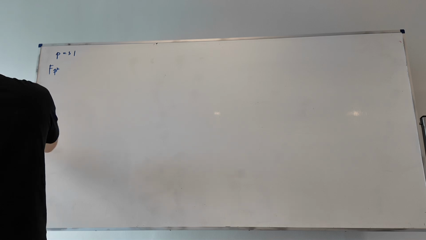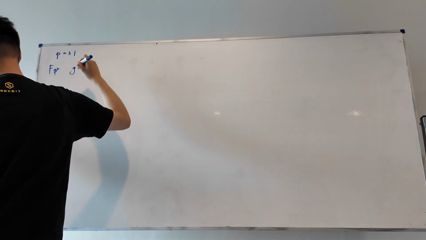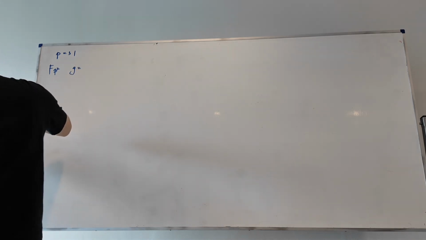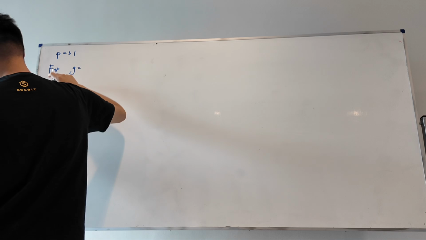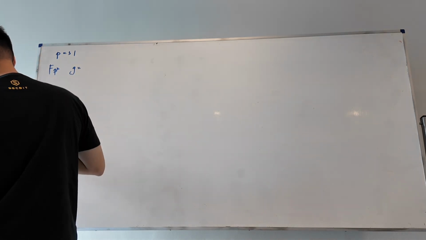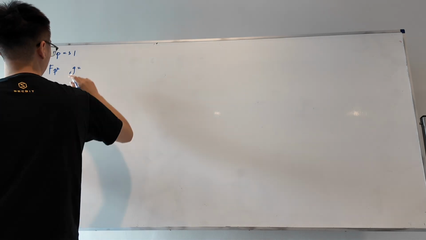And we let G equal the generator of Fp squared to the power of F31's order minus 1.